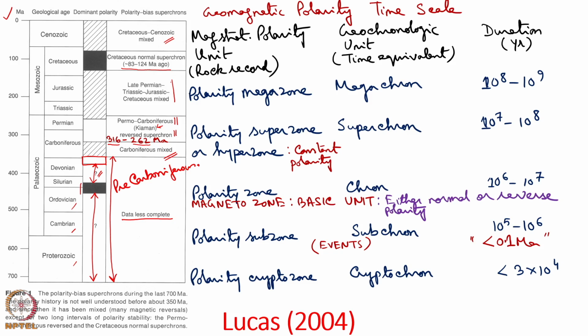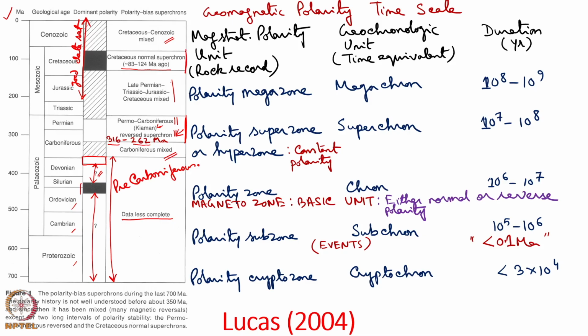The oceanic crusts are found from the mid Jurassic onward. So, here we have a good data set. We have two superchrons here. We will explain the use of the word superchron. One is over here, the Permo-Carboniferous or the Kiaman reverse superchron, and the other one is the Cretaceous normal superchron.